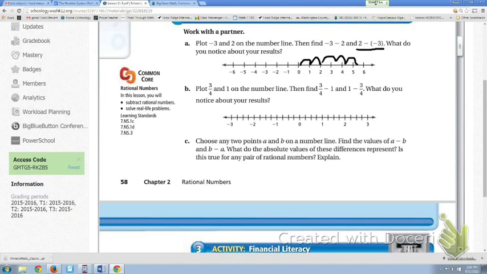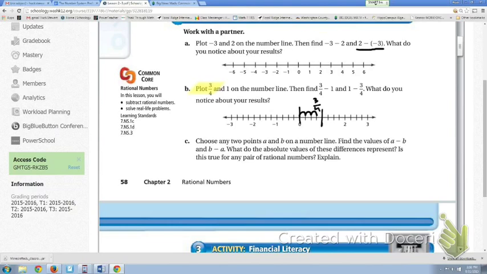So really, is it any different than looking at, for example, B here, plot 3/4 and 1 on a number line? Or in other words, what's 3/4? Find 3/4, which is 1, 2, 3 out of the 4 whole. So this is 1 whole, and I'm landing on 3/4 here.